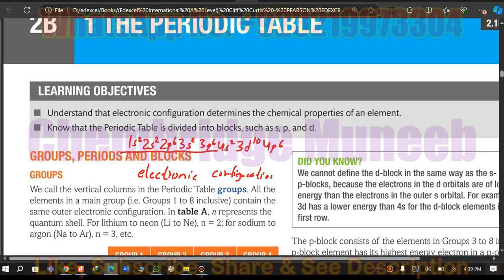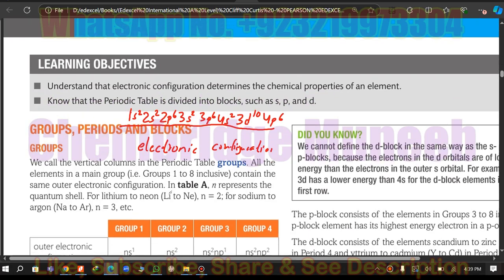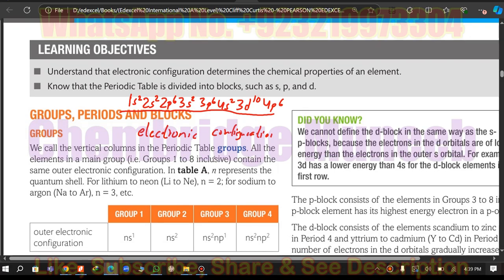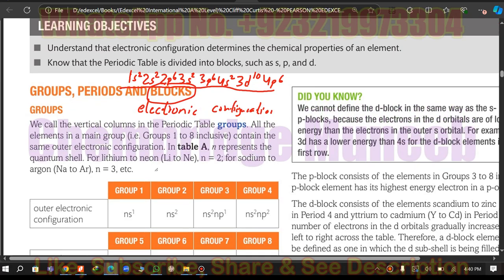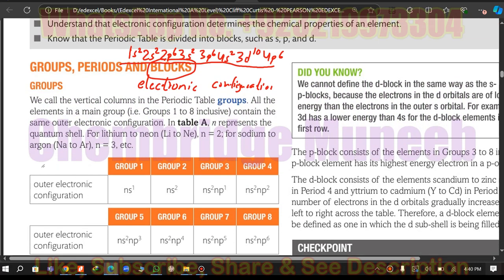So you should have this in mind clearly and fluently, like you tried to complete it by struggling. After you are familiar with the electronic configuration, this block means that whenever you write the electronic configuration of any element, let's suppose sodium, it will end at the last subshell, 3s1.